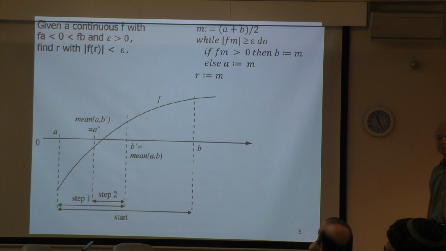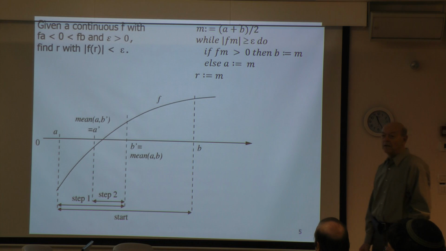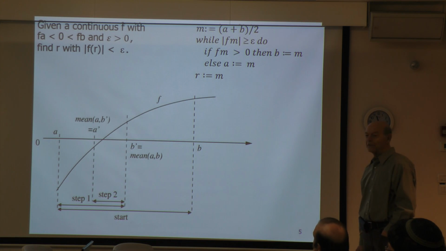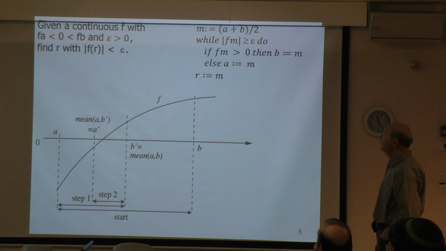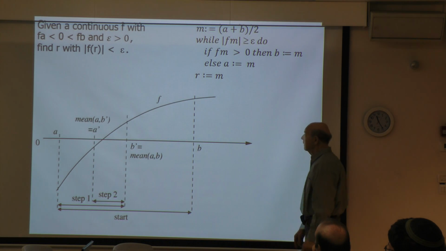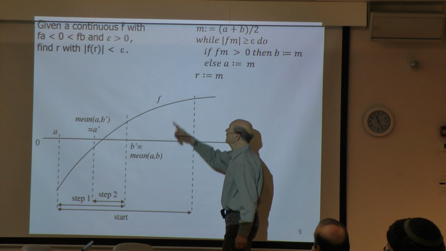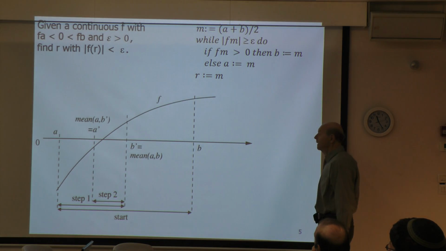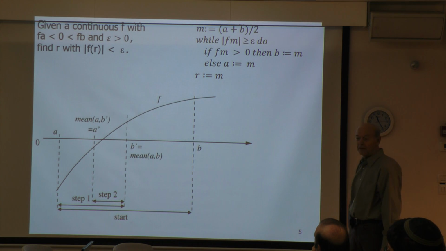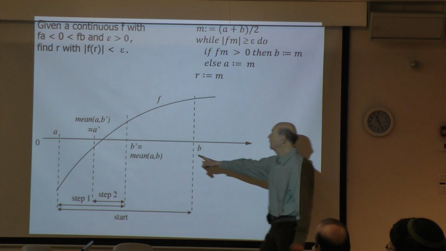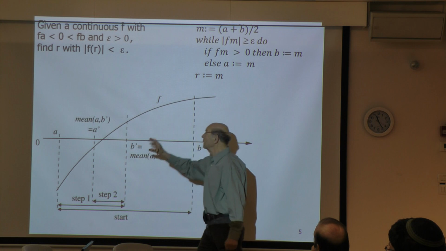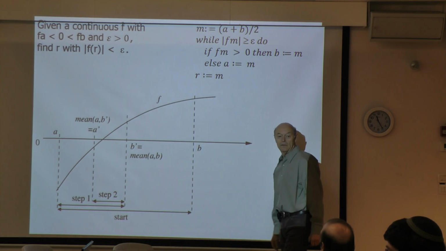Yet another algorithm, also historical, but much closer. You have a continuous function f, and two points A and B, where f of A is negative and f of B is positive, and we want to find a root of the function, a point where the value is less than a given epsilon.